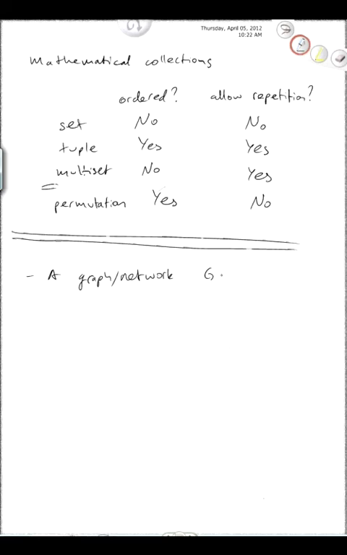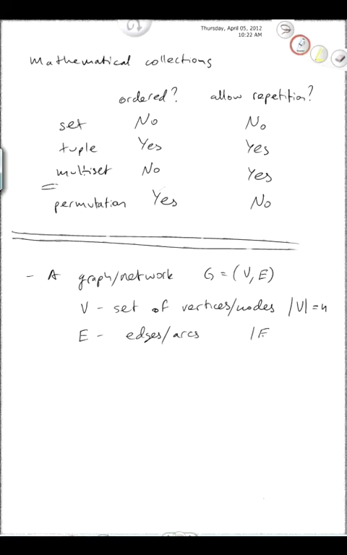And typically, we write it as G equals (V, E), where V is a set of vertices or nodes, and usually the size of V we write as n. And E are the edges or arcs of the graph, and typically the size of E we write as m.